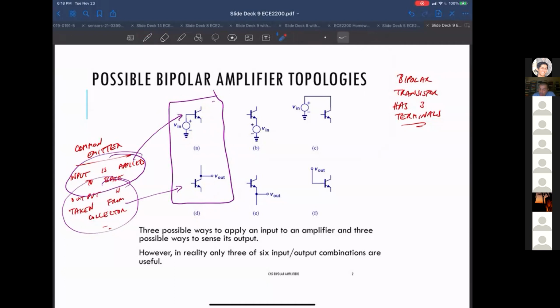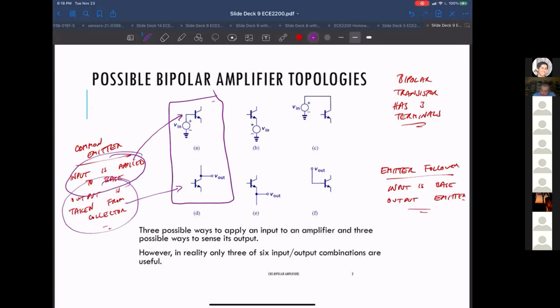Another useful configuration is the so-called emitter follower. We touched on this a little bit earlier. In this case, the input is the base, and the output is the emitter.